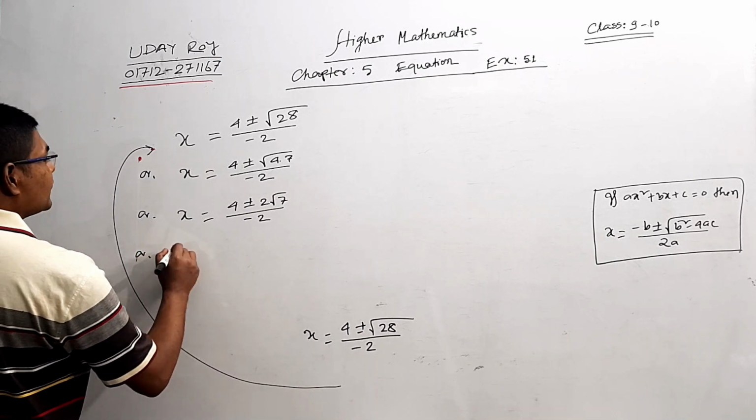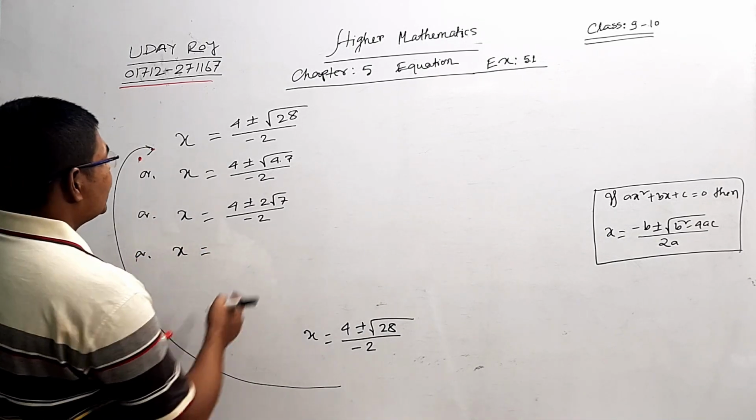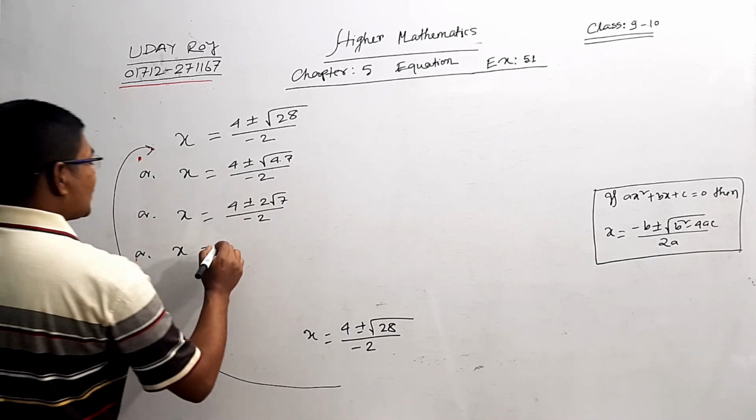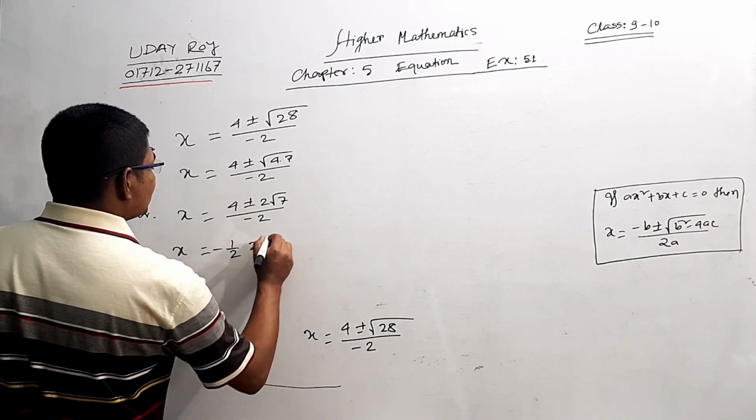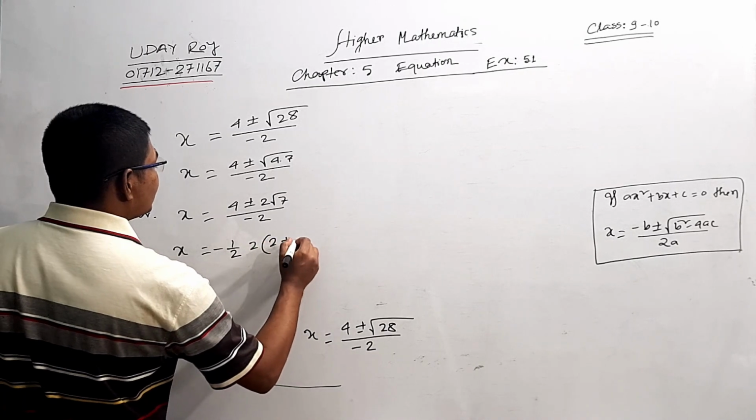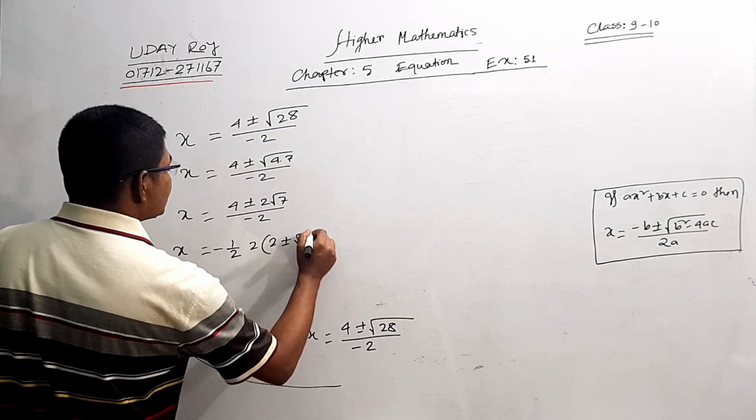Then take common 2, so we get minus half easily.